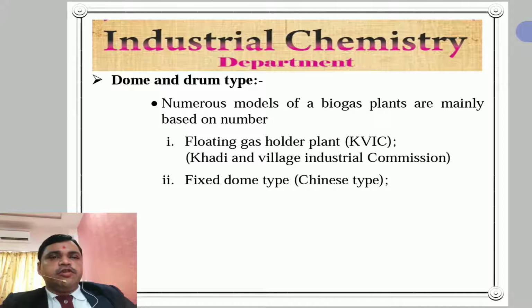Therefore, it is also known as KVIC biogas plant or floating gas holder biogas plant. And number 2 is the fixed dome type biogas plant, also known as the Chinese type biogas plant. So on the basis of dome and drum, there are two types: floating type gas holder plant and fixed dome type gas holder plant. Let us see both one by one.